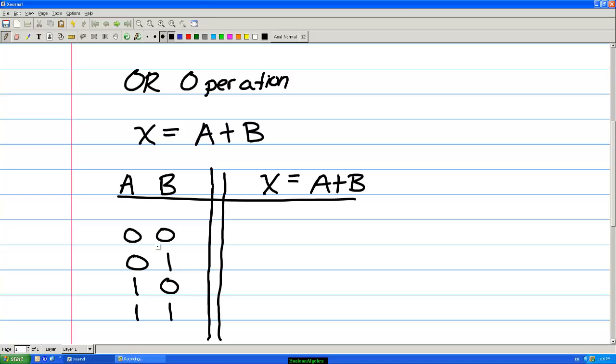This represents every possible combination. Remember, there's only two possibilities, a 0 and a 1, that A and B can have. Now, OR addition states that X will only equal 0 when both A and B are 0. So for that case, X will equal 0. All other cases, if either A or B is 1, or both are 1, we will have a 1.